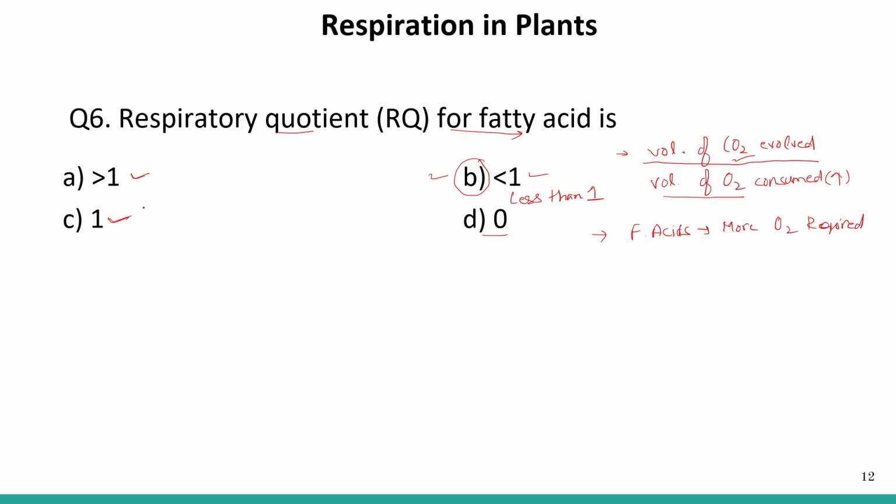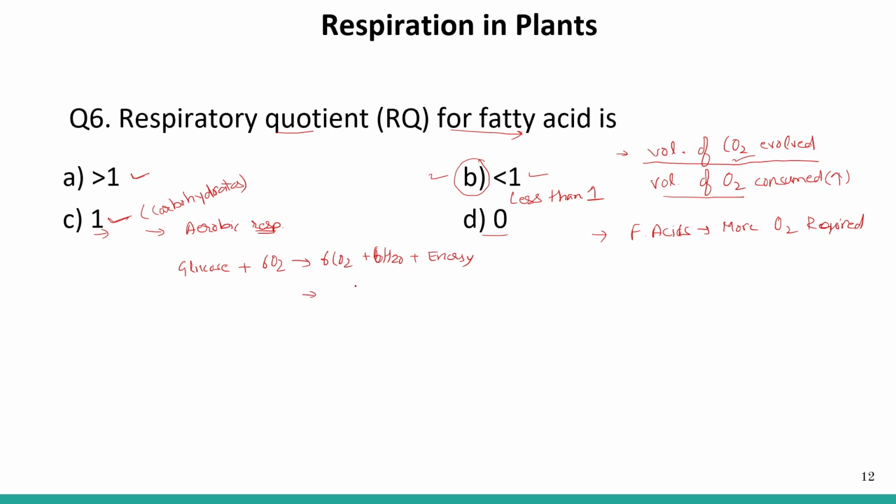The RQ value for carbohydrates that are undergoing aerobic respiration will be 1. For example, glucose, C6H12O6, plus 6 O2 gives rise to 6 CO2, plus 6 water, plus energy released.